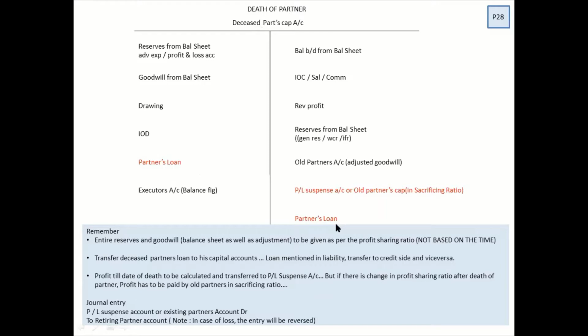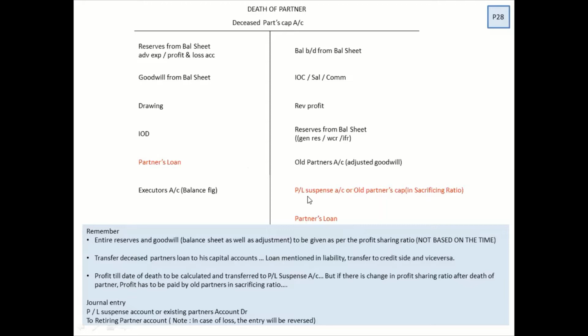So if it is in liability, you are supposed to give a credit effect. So this is the partner's loan in the credit side. Similarly, if a partner has taken a loan, that means you will find the partner's name on which side? Asset side. So anything in the asset side should be given debit effect. So I posted it in partner's loan. So this is something different which you have not done in the earlier chapters.